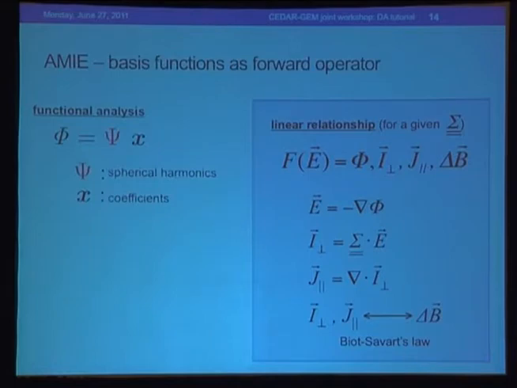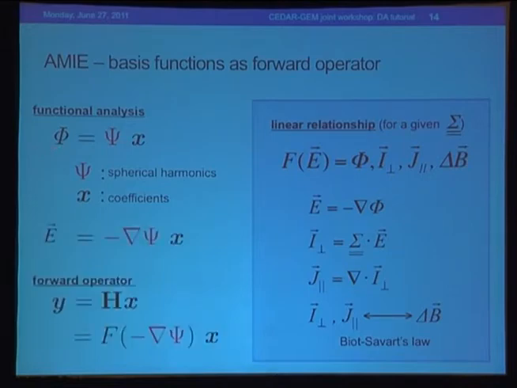The second important thing to understand about AMIE is that we are not actually solving for electric fields at grid points. We're solving in terms of spherical harmonics, right? Let's say X represents the spherical harmonic coefficients, and psi represents the spherical harmonics, some kind of basis functions, and phi is potential.